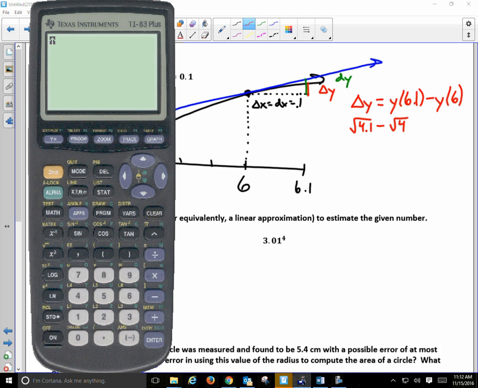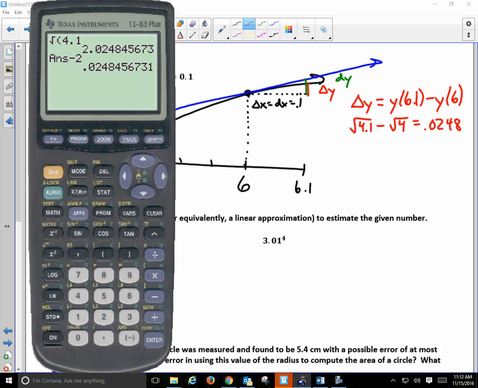So we get square root of 4.1 minus 2 will be 0.0248. So it looks like the increase is only 0.0248. I wonder what the estimated increase would be.